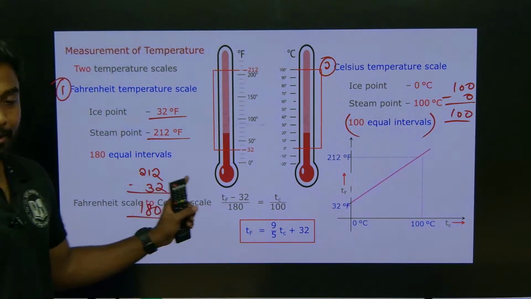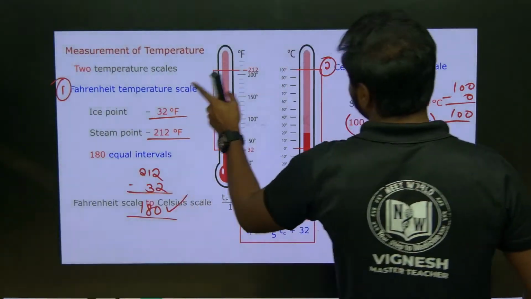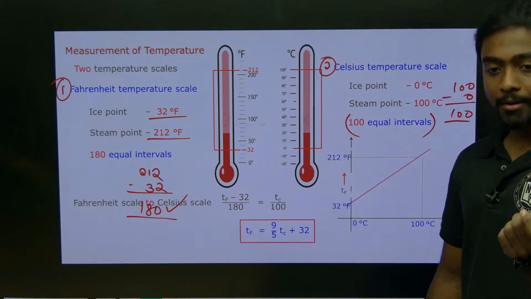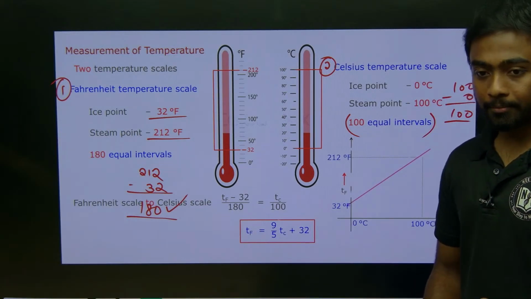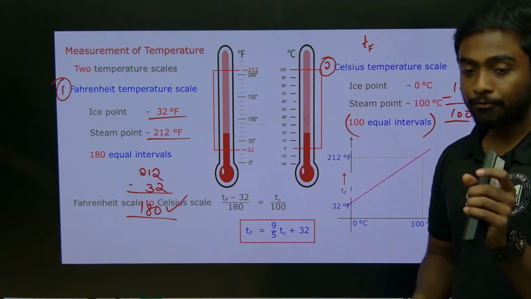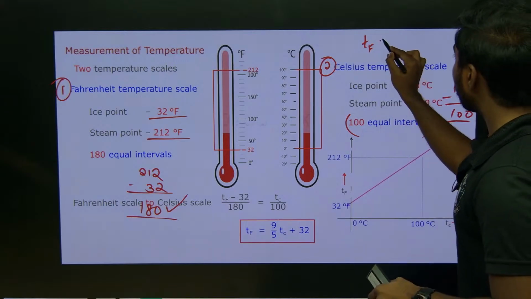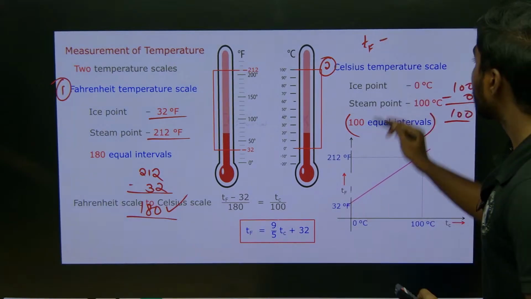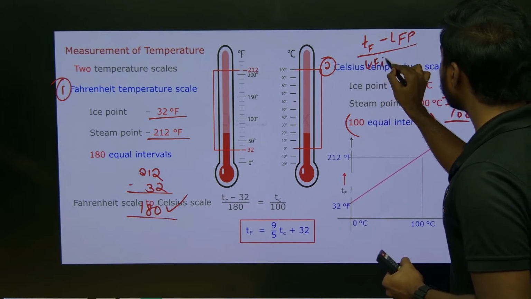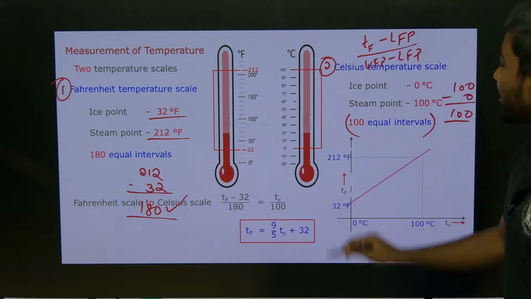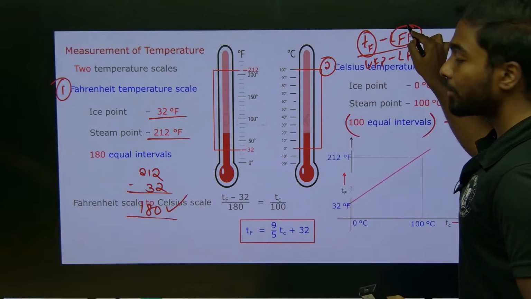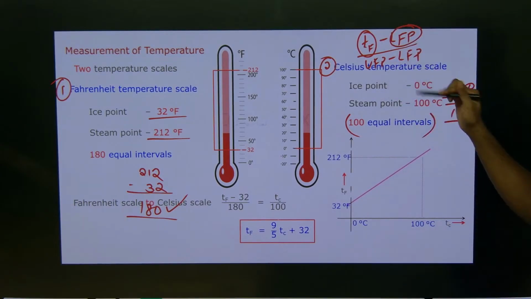Now the relation between the Fahrenheit scale and the Celsius scale. Whenever we want to find an unknown term, keep the unknown term first: the reading minus the lower fixed point, divided by the upper fixed point minus the lower fixed point.